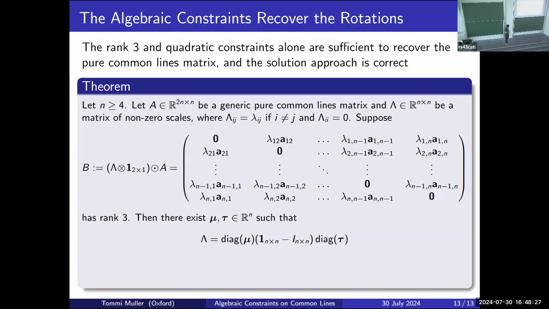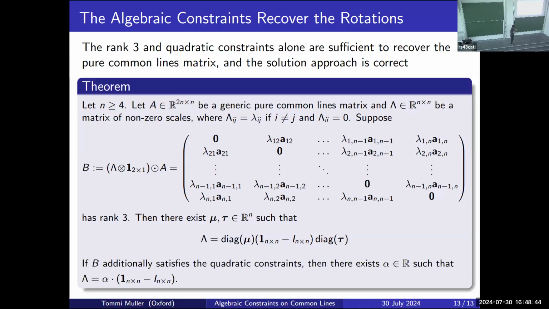And that's exactly the situation you want to be in when you run Sinkhorn's algorithm, because Sinkhorn will remove those row and column scales and you get your pure common lines matrix. So after this, you run your ADMM and then you run Sinkhorn. What happens if B also satisfies the quadratic constraints?